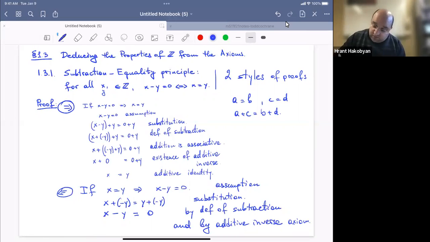The additive inverse says that if you take y and add negative y to that, you always get the additive identity. And that's all.